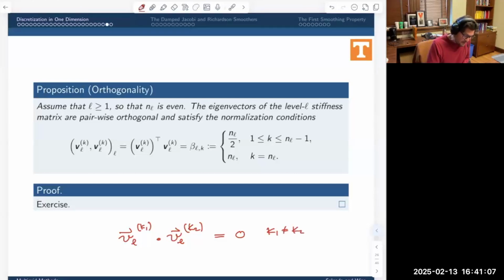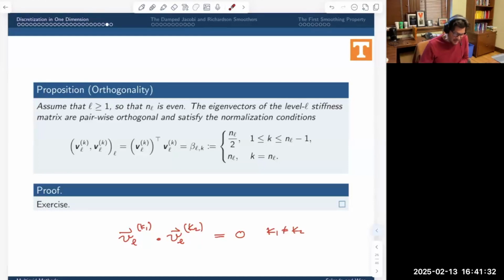Now, if k1 and k2 are equal, then the value of that dot product, or the inner product, however you want to call it, the standard Euclidean inner product, is always equal to these constants beta_{L,k}, which are not one uniform number.